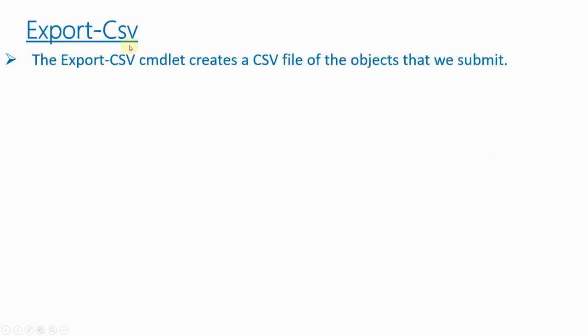First of all we will discuss Export-CSV, how this commandlet is useful for us and how we can use it. Using this commandlet we can create a CSV file of the object. If we have any object and we want to export that object into a CSV file, in that case we can use this commandlet.